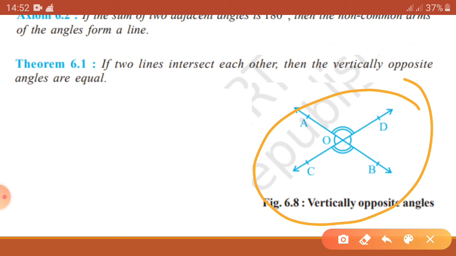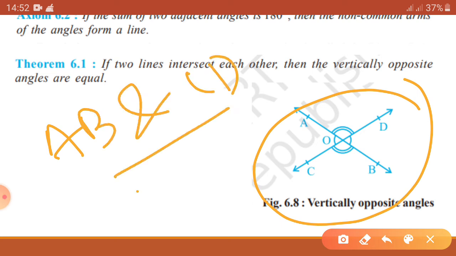So let AB and CD be two lines intersecting at point O as shown in figure 6.8.